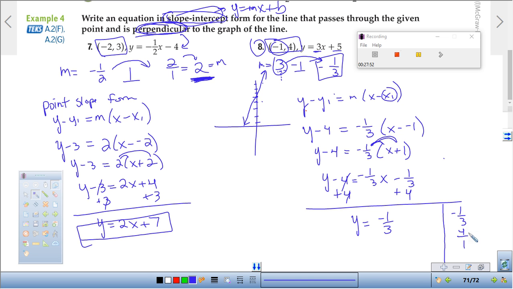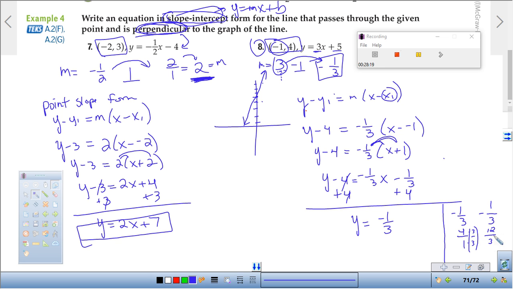Okay, so the denominators are a 1 and a 3. I'm going to keep this one the same. This one over here, I want to multiply it times 3 over 3. That's a 1, so basically I'm multiplying 4 times 1. It becomes 12 over 3.